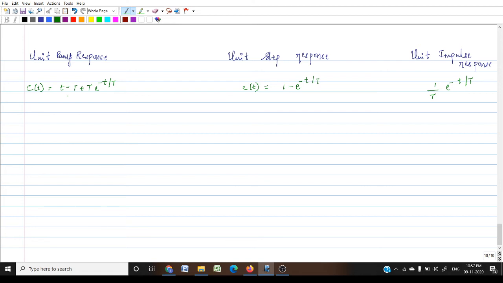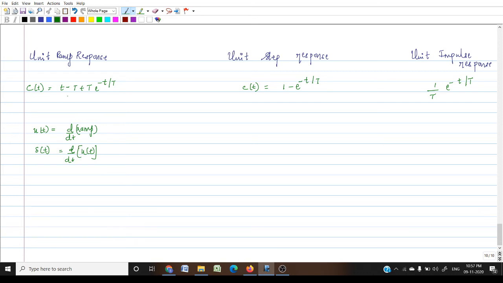Now we know that the unit step, that is u of t, is equal to the derivative of the ramp function, and the impulse function delta of t is nothing but d by dt of the step function, that is u of t.